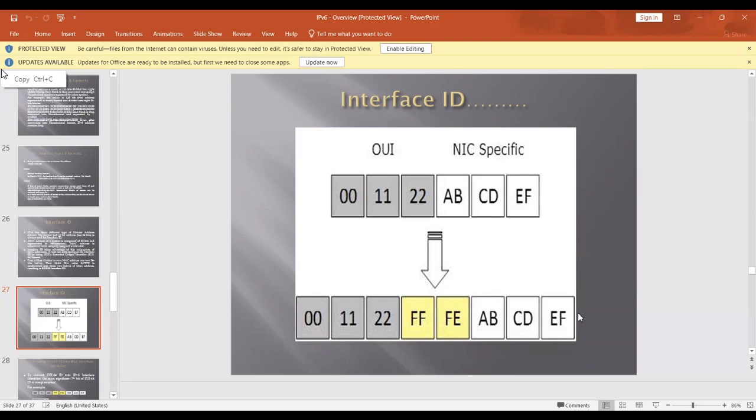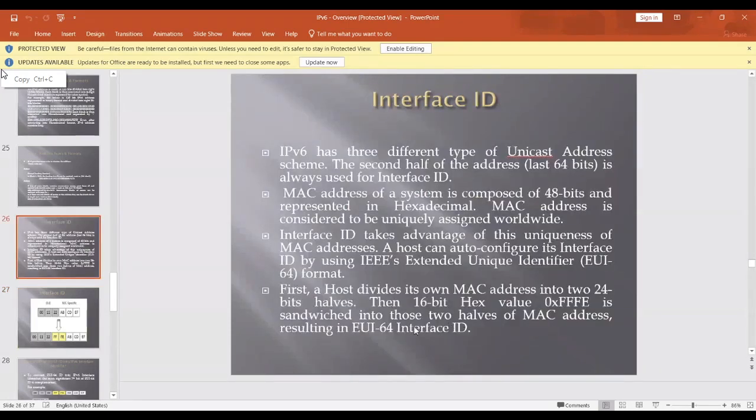After this type of operation, sandwiching those two halves of the MAC address, the resulting interface ID is called the EUI-64, that means extended unique identifier format. So the unique identification has been extended by incorporating the device MAC address and the FFFE block, right?